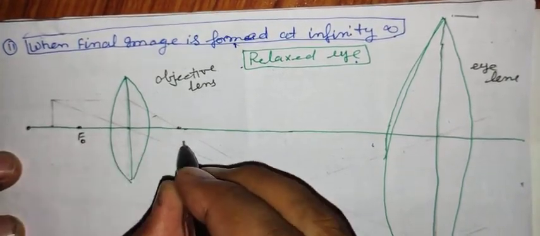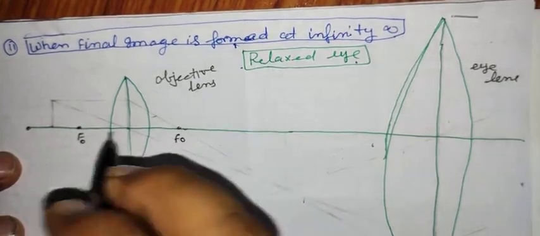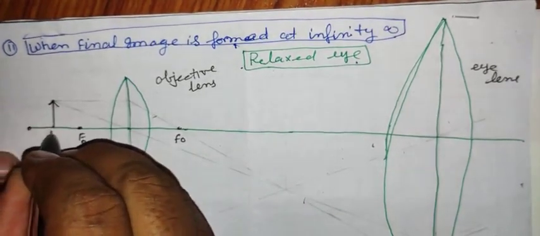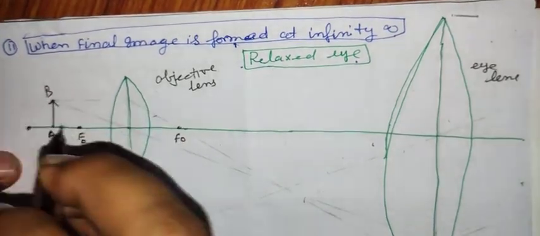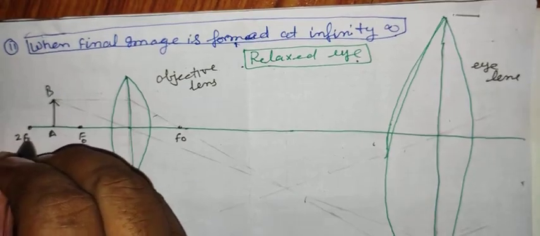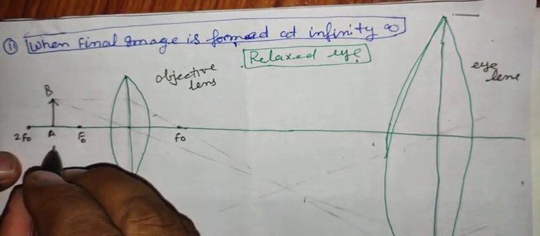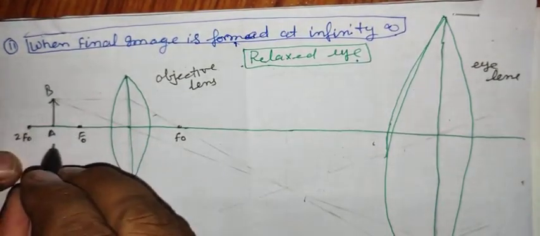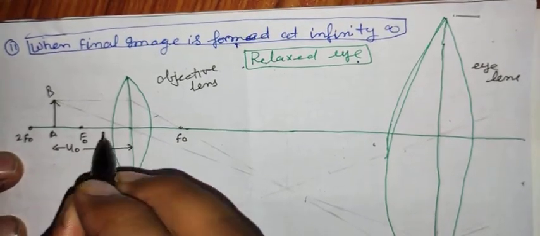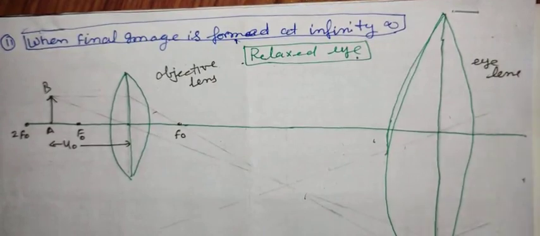For the objective lens Fo, let an object AB, same as the previous, be kept between F and 2F for the objective lens. This distance is Uo, same as the previous one.